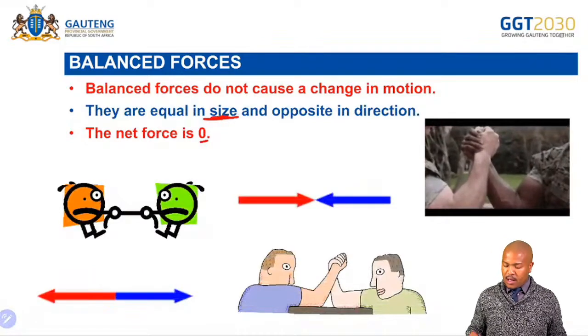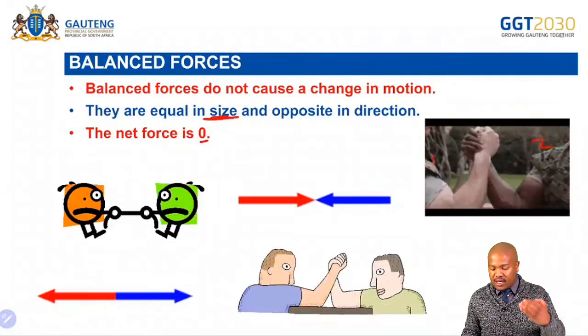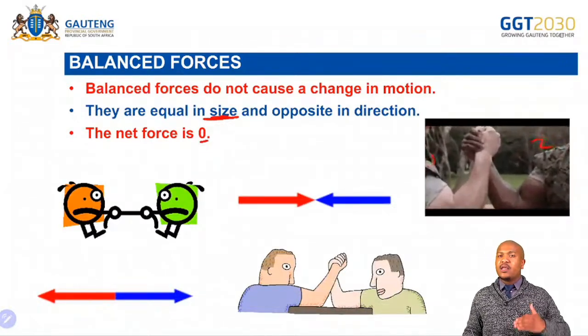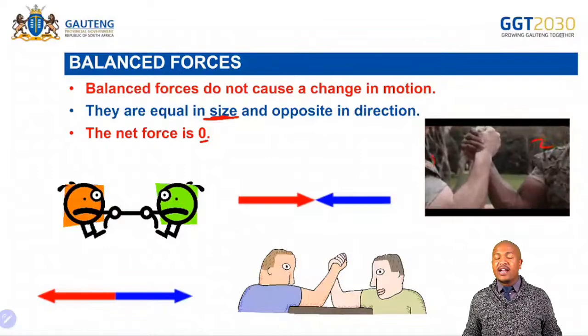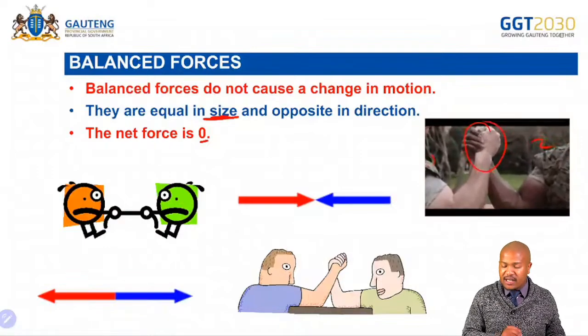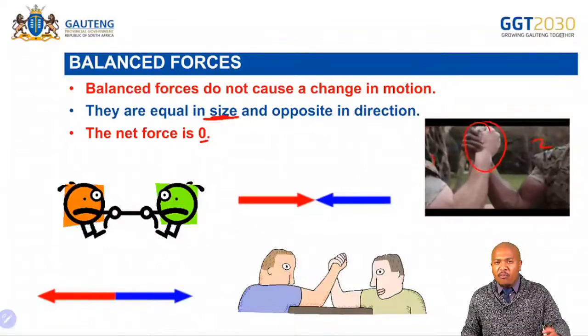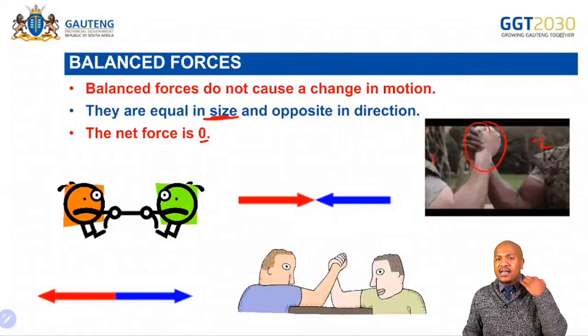Person 1 and person 2 both have the same strength. They are both applying the same amount of force. So hence there is no movement here, and the net force is 0 because their forces are balanced.